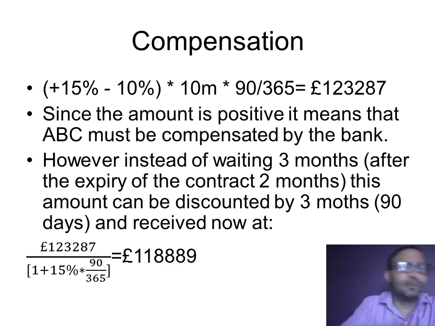When we say now again, I mean after the 2 months where the FRA rates start to apply. So that gives an amount of 118,889 pounds that has to be compensated to ABC company by the bank.